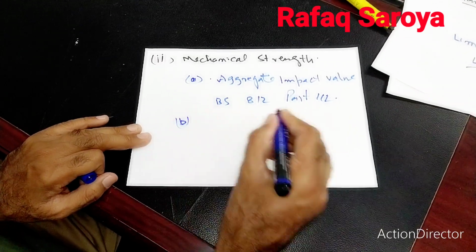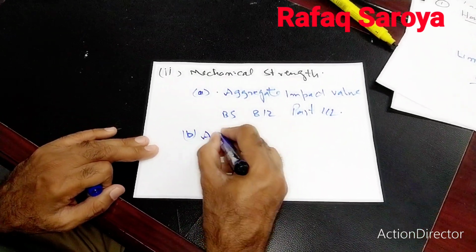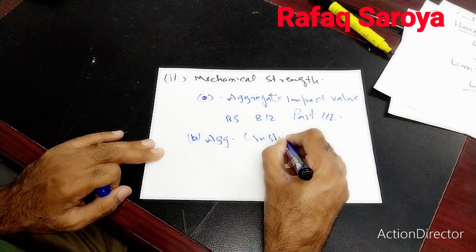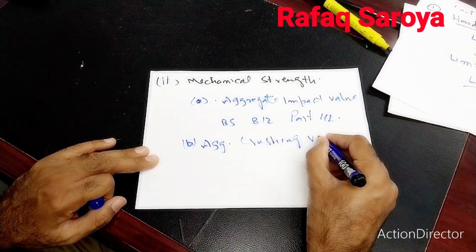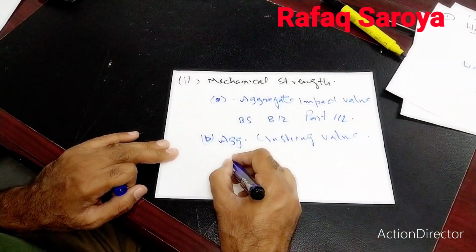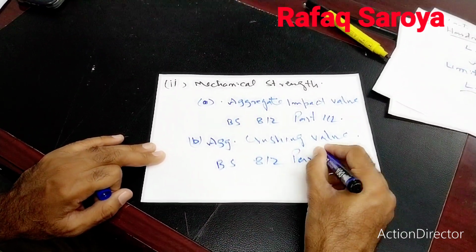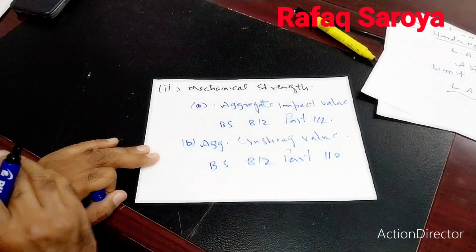The second is aggregate crushing value, determined by the method BS part 110.